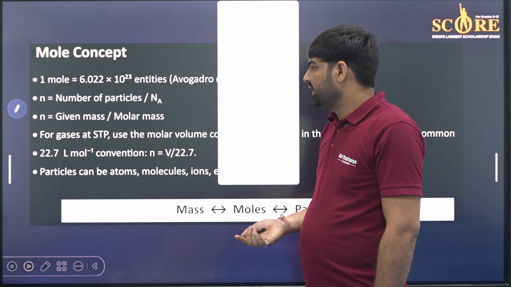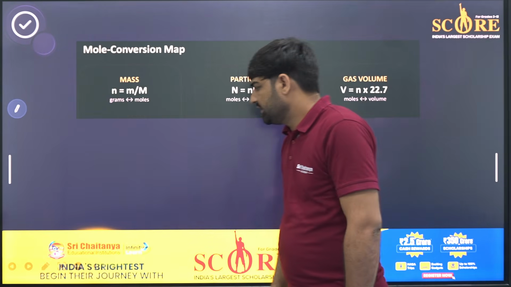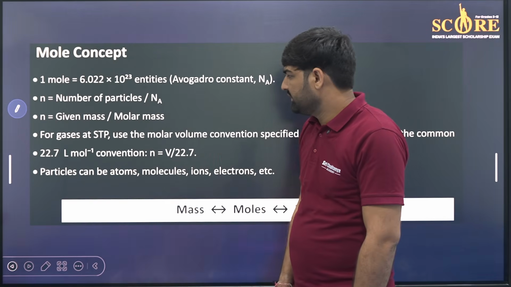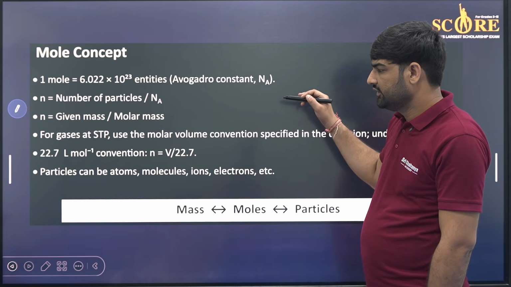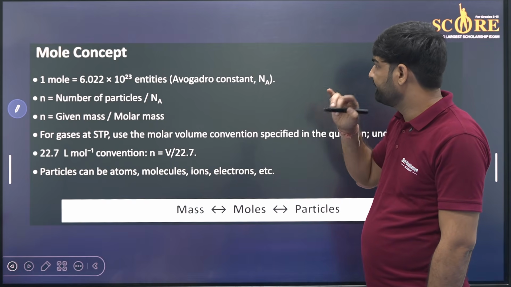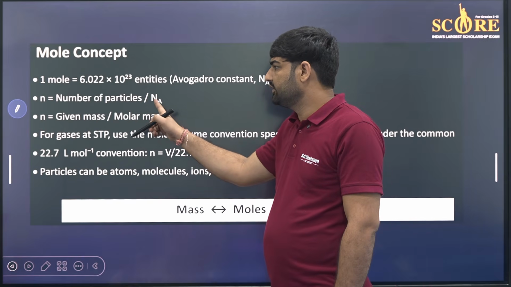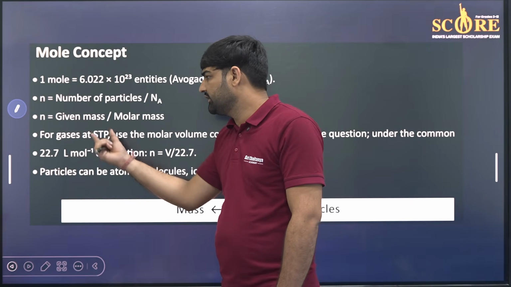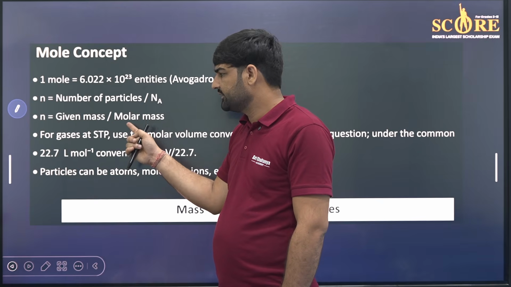And there are some basic formulas for mole calculation. I want to discuss these formulas together so that we can connect the formulas to each other. If you have a number of particles, then you have to divide by Na to calculate mole. If you have given mass, then you have to divide by molar mass, which I have discussed.